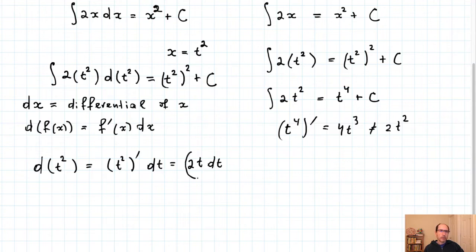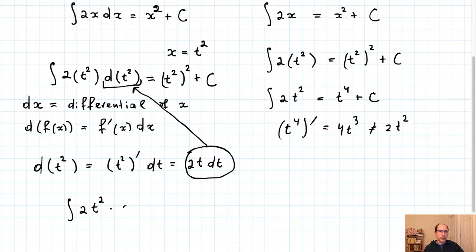This is what we will put into our integral instead of d of t squared. Then the left-hand side of our integral will be rewritten as 2 times t squared multiplied by 2t dt. And of course, the right-hand side simplifies again to t to the fourth plus c.